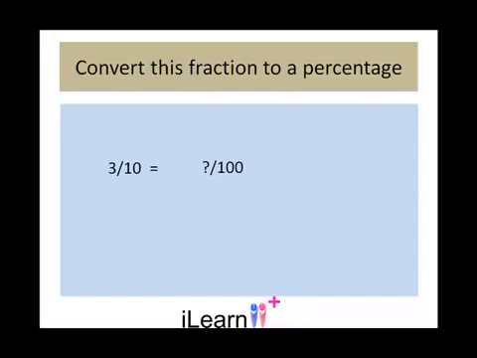3 times 10 equals 30. So 3/10 is the same as 30 over 100. 30 over 100.